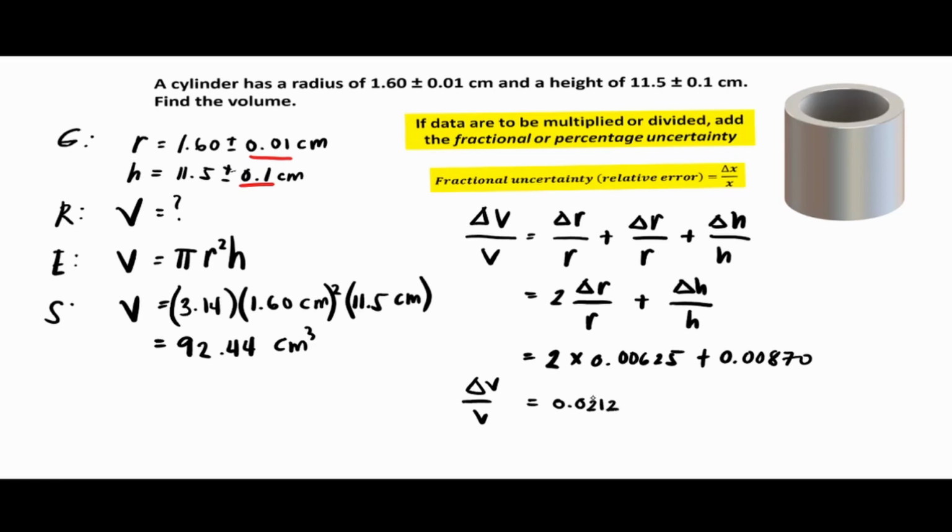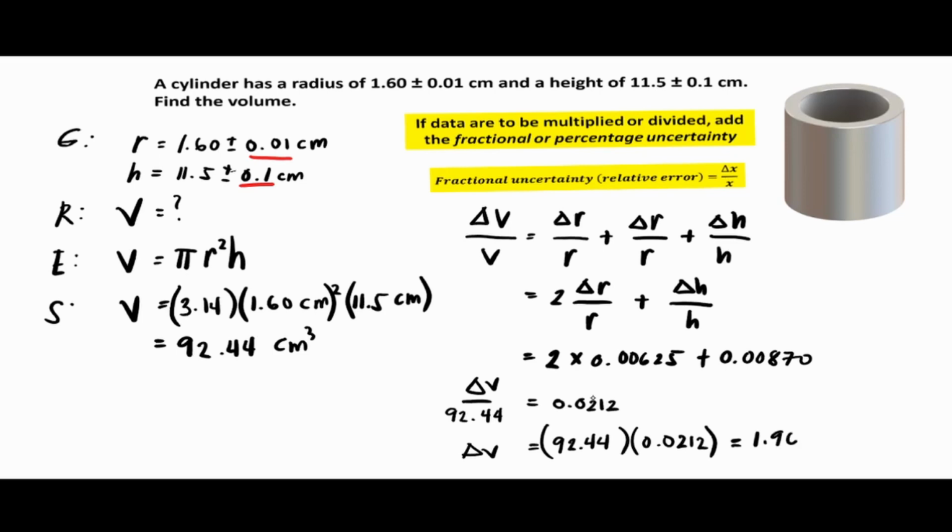In order for us to get the absolute uncertainty of our volume, we multiply both sides by our measured volume, 92.44. So we are left with the absolute uncertainty. The absolute uncertainty is equal to 92.44 multiplied by the sum of our fractional uncertainties, 0.0212. So the answer is 1.96.